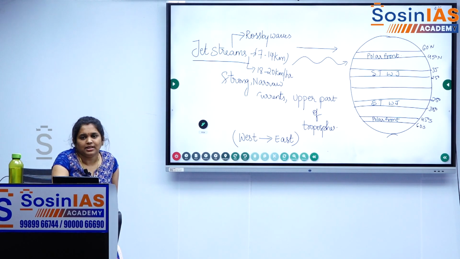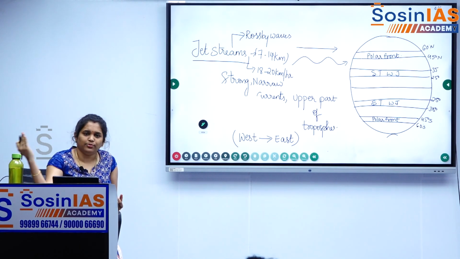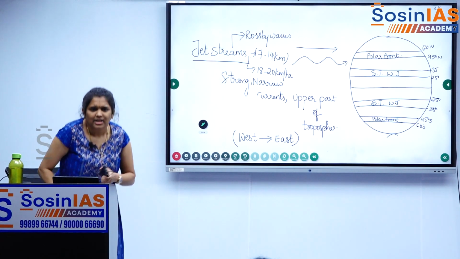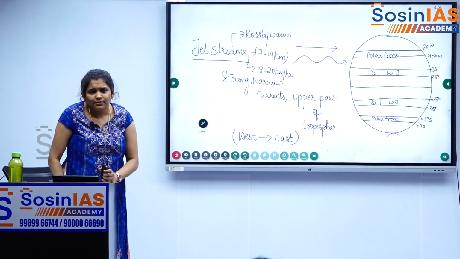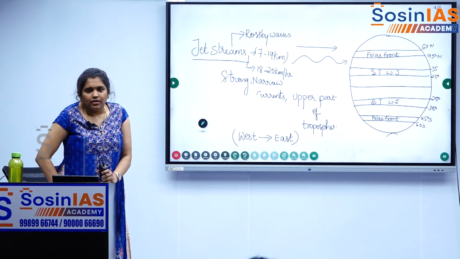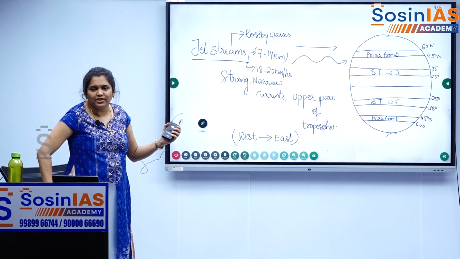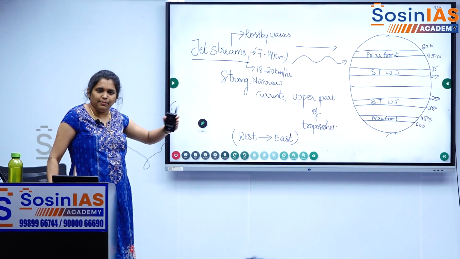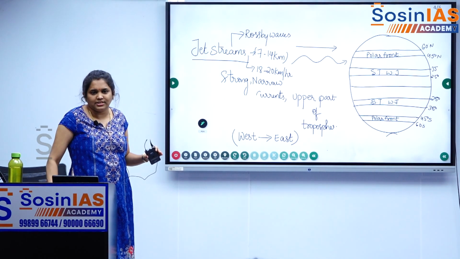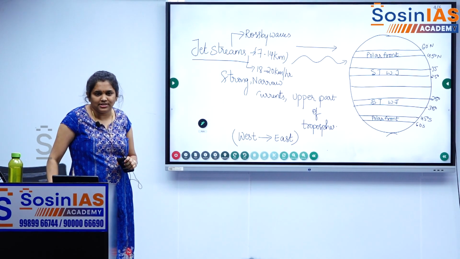So it means sometimes there are certain jet streams which tend to move from east to west, like tropical easterly jet streams. Within the tropical regions itself, that means below the Tropic of Cancer, you observe tropical easterly jet streams.